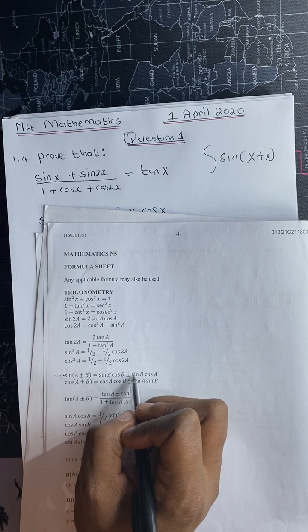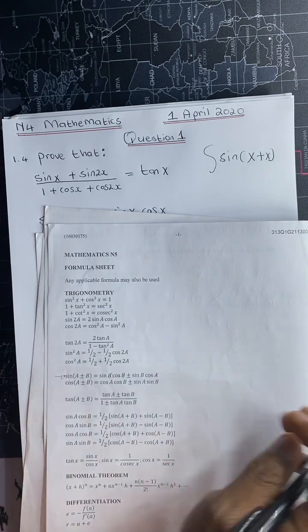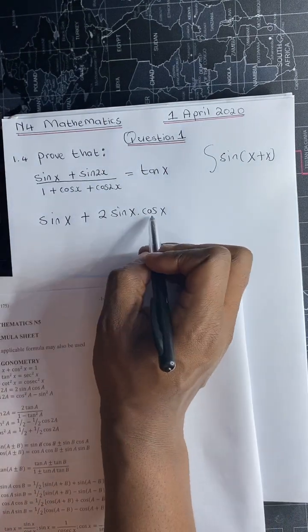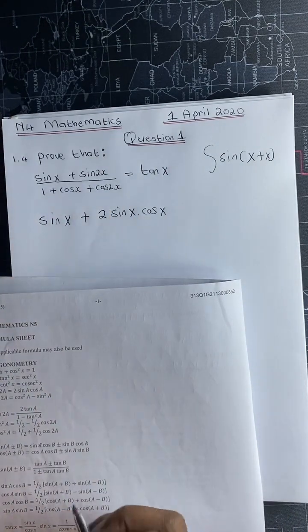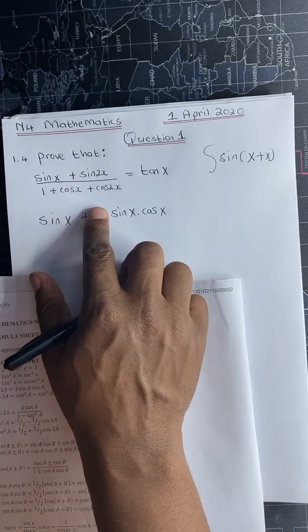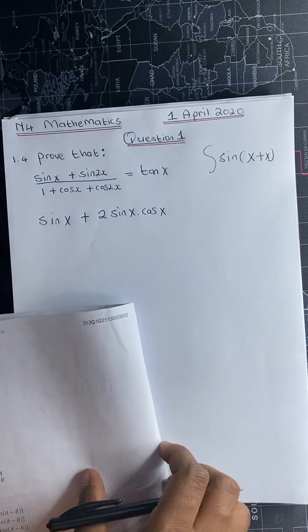These two will be the same, and we will add them, so there will be 2, so we'll have 2 times these things. That's why we have 2 sine x cos x. So this sine cos x will be that one, and the other sine cos x will be that one. So when you add them, they will give you 2.